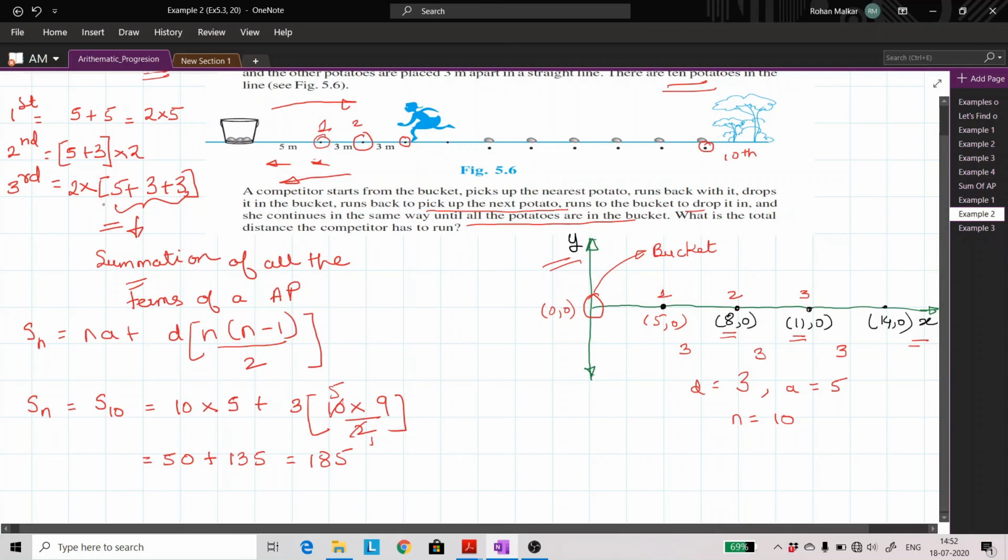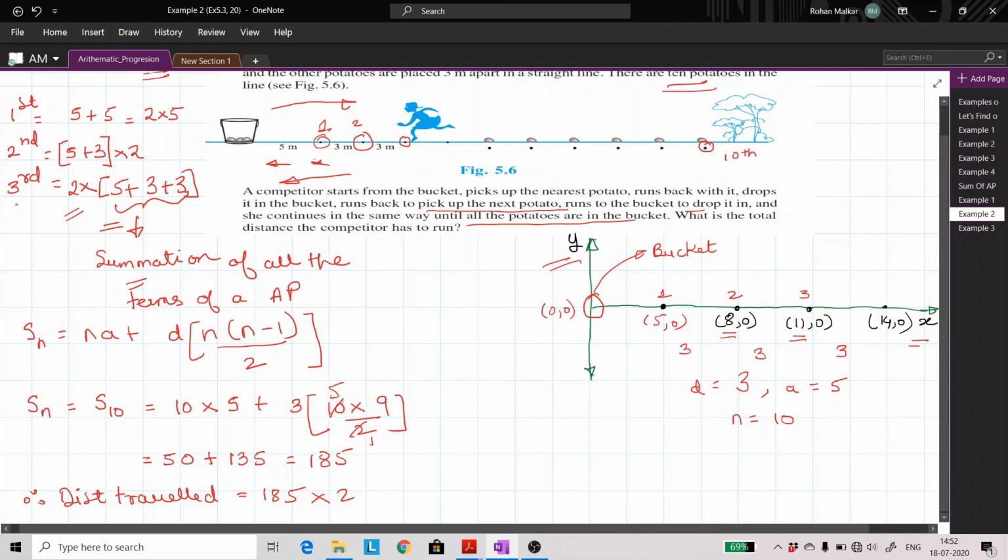When you multiply this summation by 2, you get the total distance that is traveled by this competitor. So the total distance traveled will be 185 into 2.